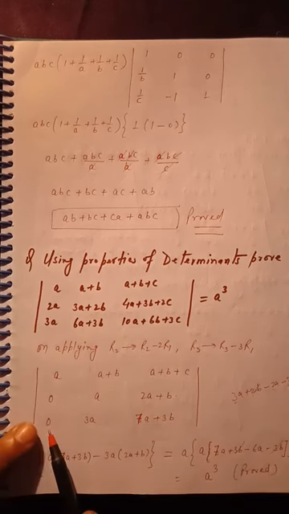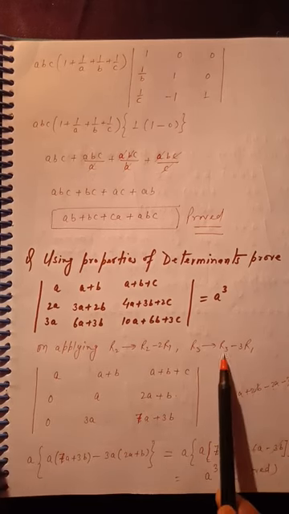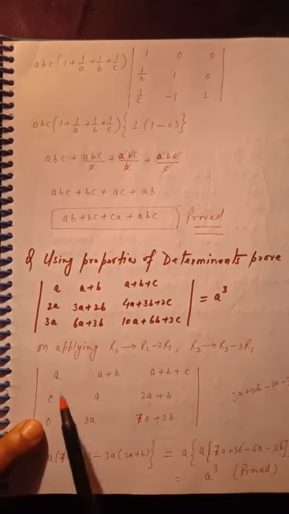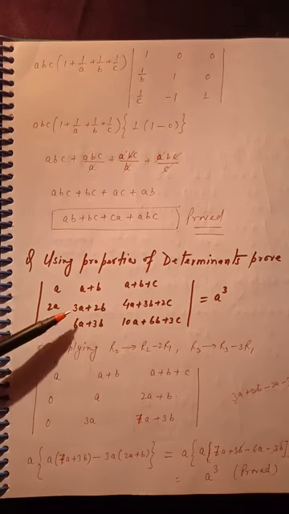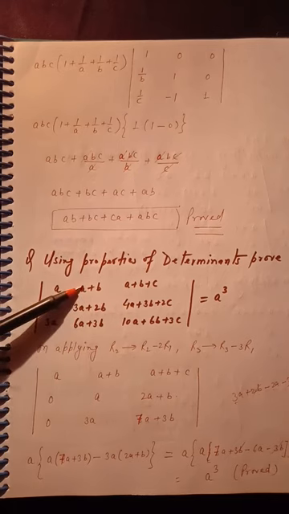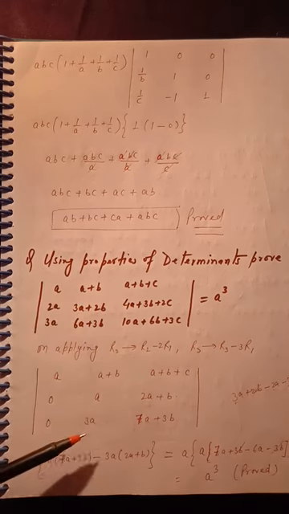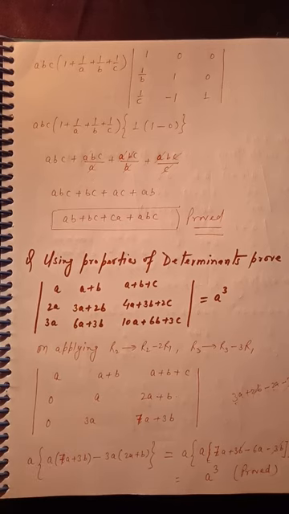Similar case is here, because R3 is written as R3 minus 3R1. So 3A minus 3A becomes 0, and 6A minus 3A is 3A, and 3B minus 3B is 0, so it will become 3A.